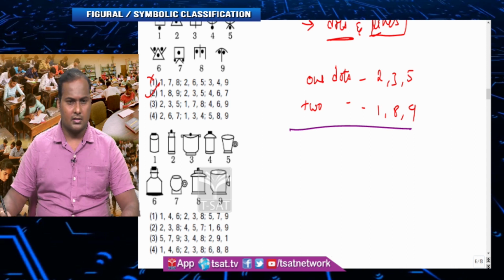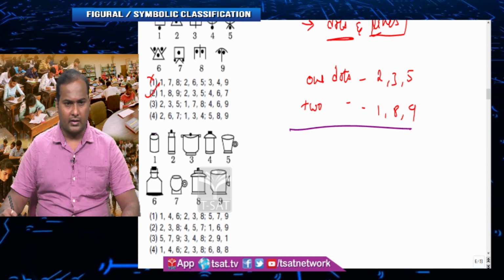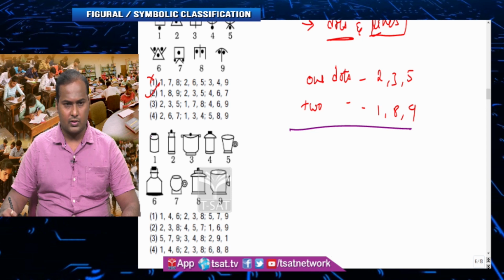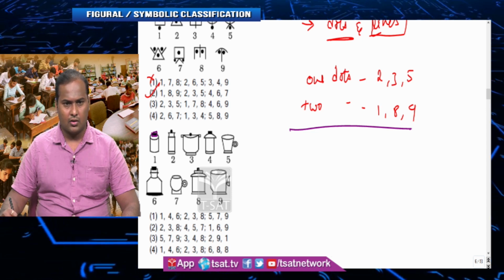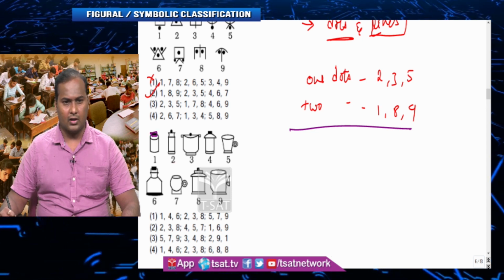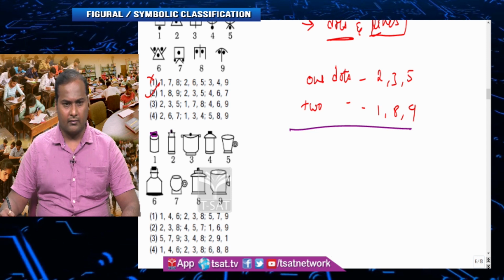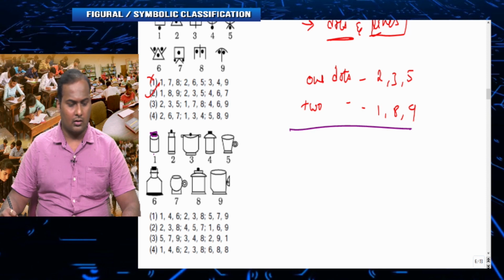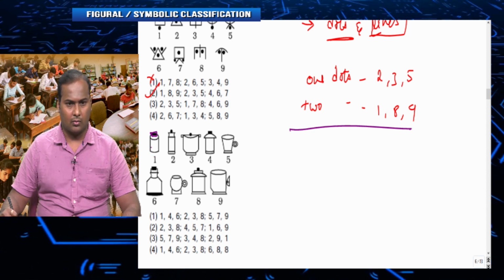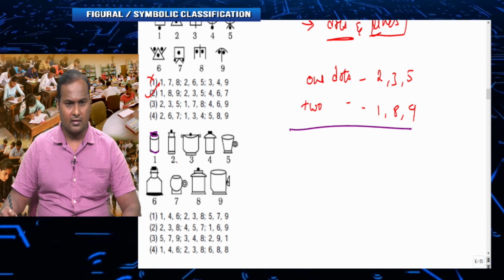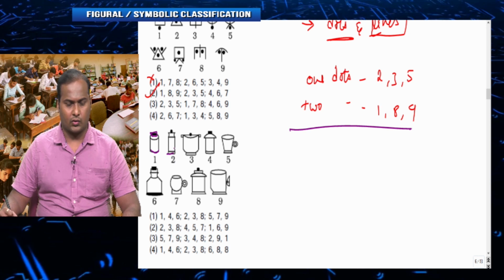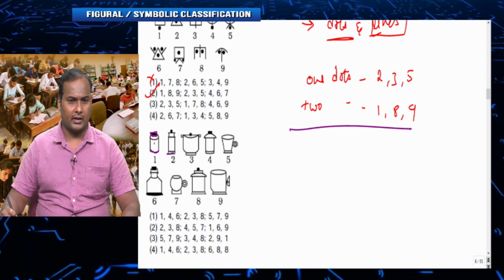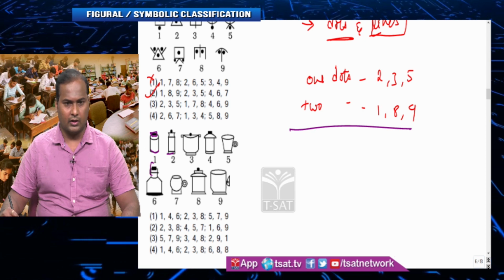So, what I can consider is the top portion. In case of figure 1, this top portion is in the form of a square, whereas in figure 2, the top portion is having a dot. And moreover, in figure 1, the bottom is a bit curved, whereas in case of figure 2, it is quite straight. So, what I can take is, I can take the top portion, that is this lid portion.